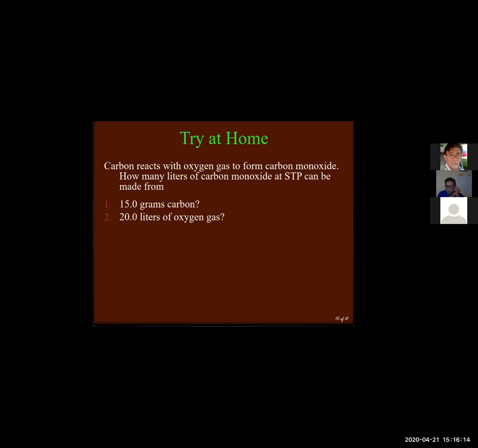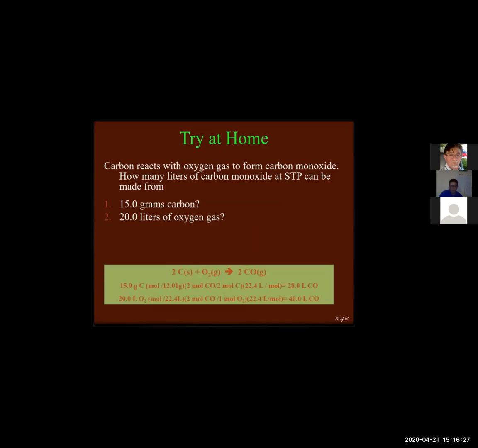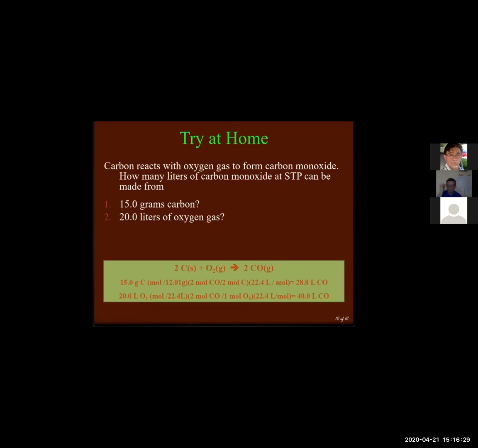And then the second one, if you start off with 20 liters of oxygen gas. You should end up with 28.0 liters of carbon monoxide for the first question and 40 liters of carbon monoxide for the second question. So work through that. Make sure you understand it. You're going to get a lot of those.